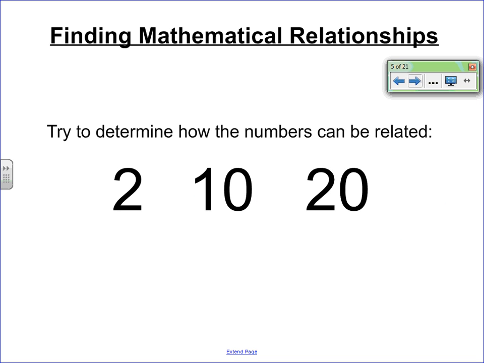Okay, we have the number 2, the number 10, and the number 20. How are these related? You can do 2 times 10 equals 20. 20 over 10 equals 2. Any other ones?